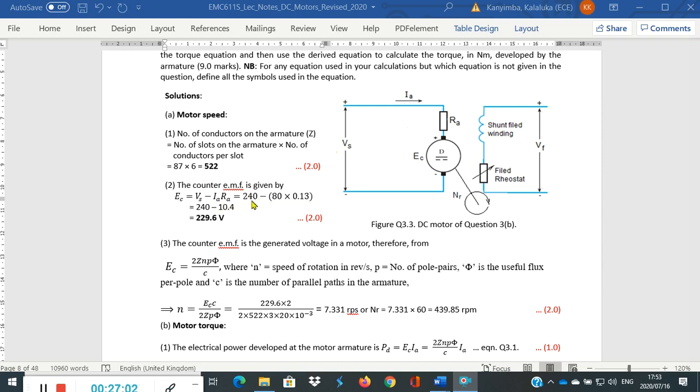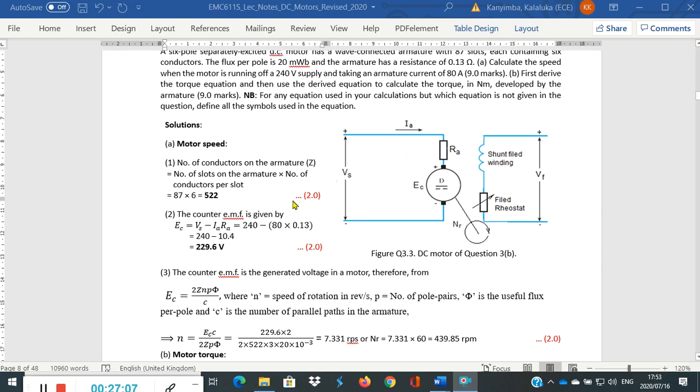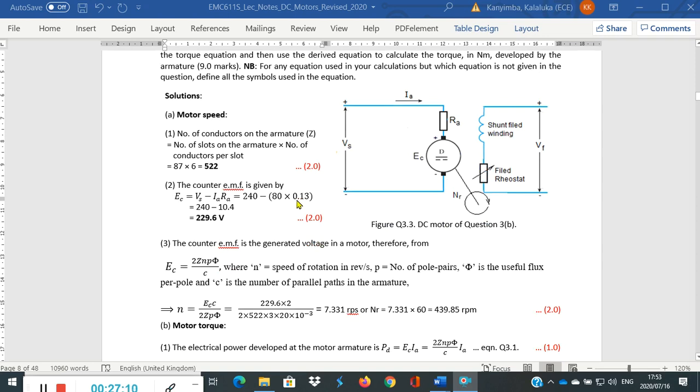This is 240 volts minus the armature current, which is 80 amperes, times the armature resistance, 0.13 ohm. So this gives us 240 minus 10.4, which gives us 229.6 volts. So this is the counter EMF, the voltage generated in the motor, and we can see it's clearly less than the supply voltage. 2 marks once again, 1 mark for the formula, the other mark for the calculation and the answer.